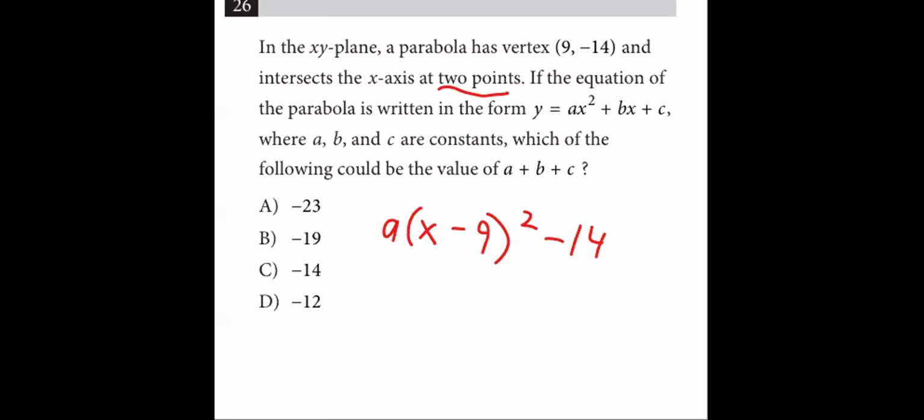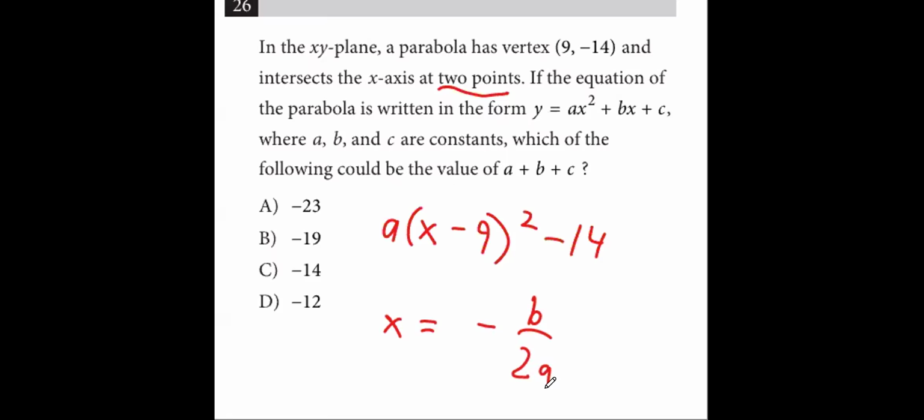We know that for a parabola, y equals ax squared plus bx plus c. And we know that the vertex has x coordinate x equals negative b over 2a.